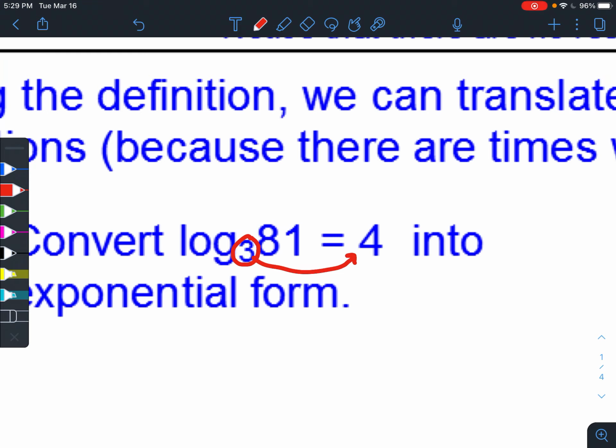It's kind of like that 3 is going to squeeze in next to that 4, like a dog at home that wants to squeeze into a spot, whether or not there's room for it. And then it's basically just going to be equal to the 81 on the other side.